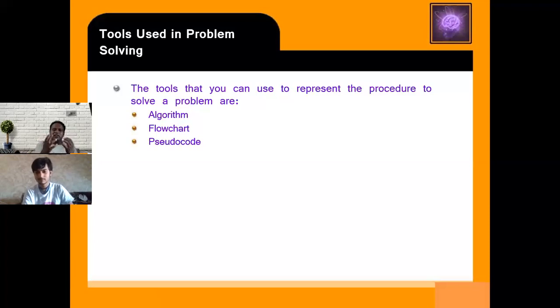After analyzing what the input is, you have to explore this information by using an algorithm, flowchart, and pseudocode. It is not that you directly write the code. First, you analyze the problem, then you represent your analysis in the form of an algorithm, flowchart, and pseudocode.